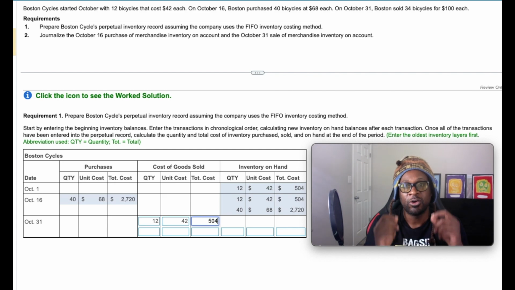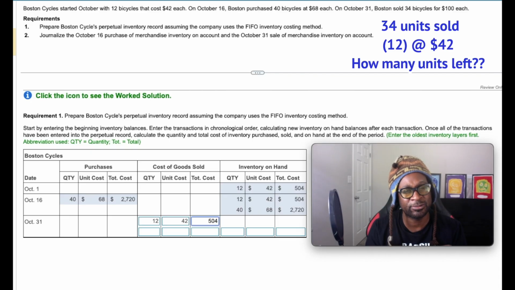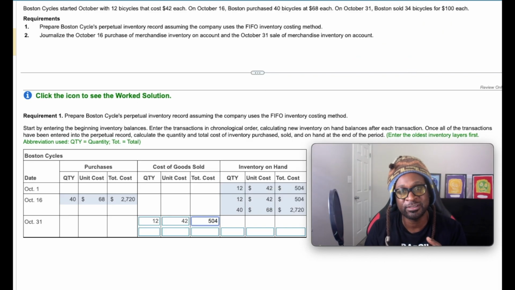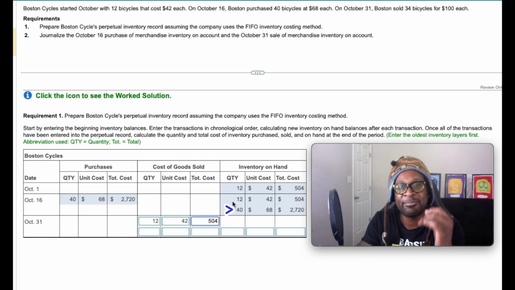And now we have to realize, gang, that we sold 34 bicycles. We just accounted for 12, which means that we still have to account for the remaining amount that we sold. So if we subtract 12 from 34, that should get us 22 units. So now we need to find out where those 22 units come from. But if we realize that our list only gives us another purchase from the 16th available to sell, it will come from that batch.